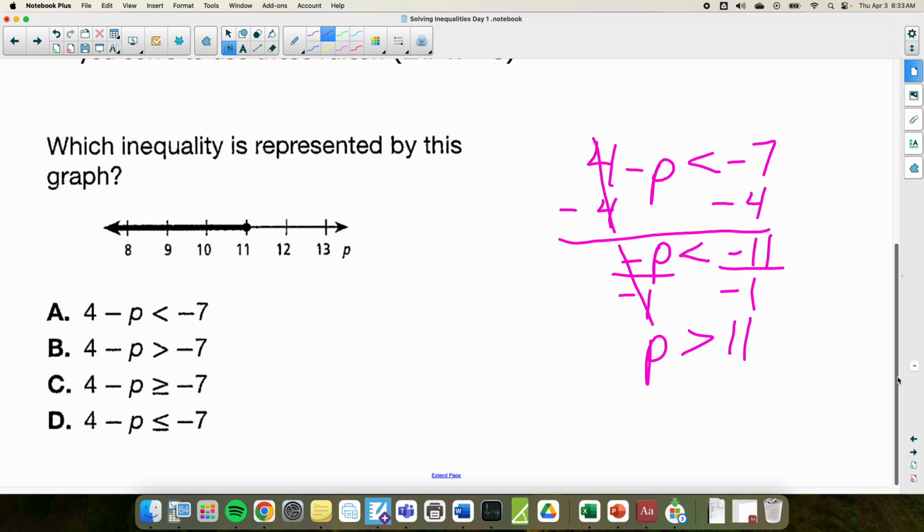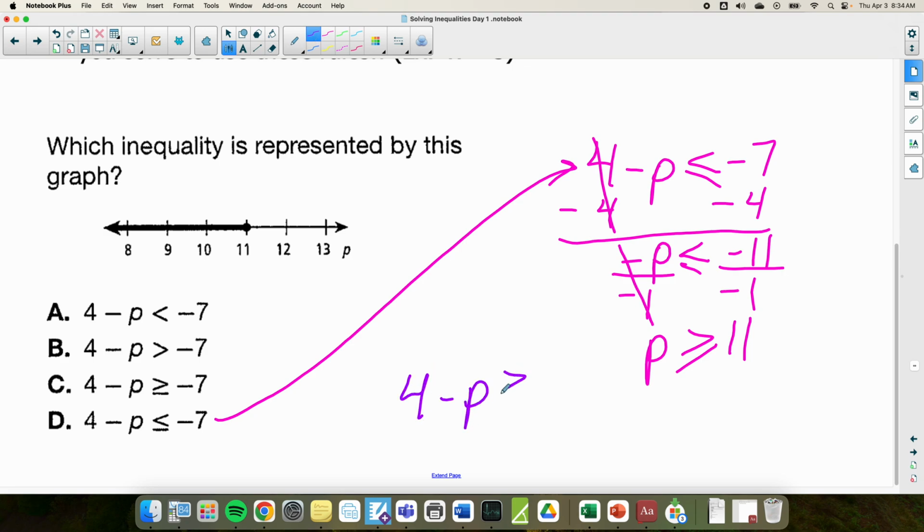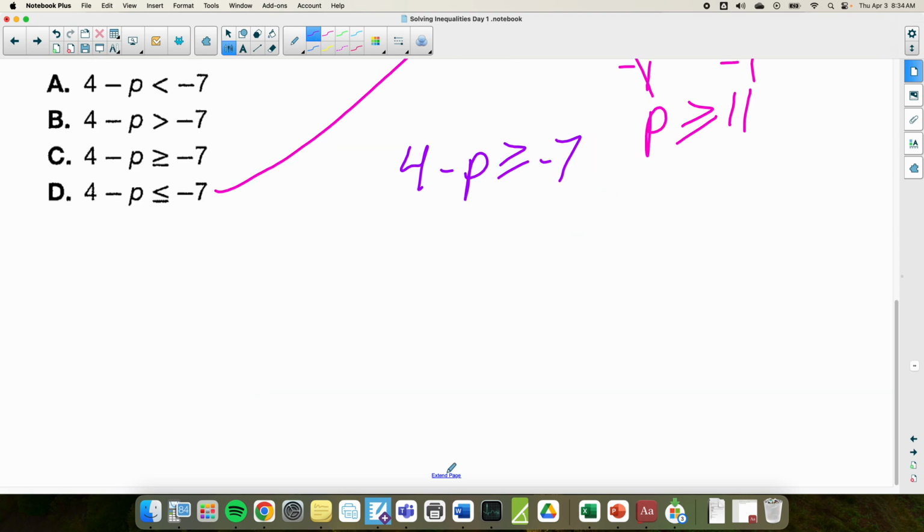Good, Grace. Now if we look, do you guys see that really what I did for this one is the same as this, except it has that equals, right? So I could change this, and you could follow that through the problem. So what we assume then is it's C, but like I said, if I were you, especially on that test, I would check it. So let's do that.